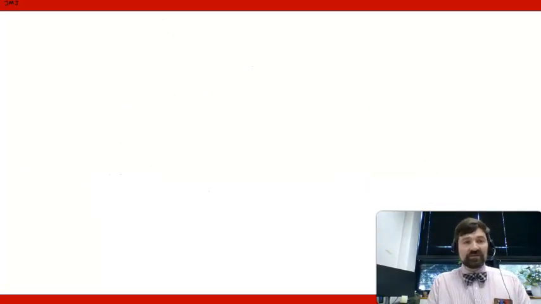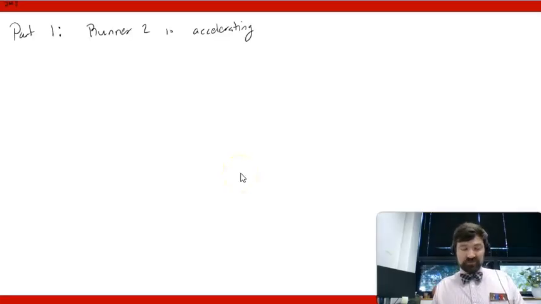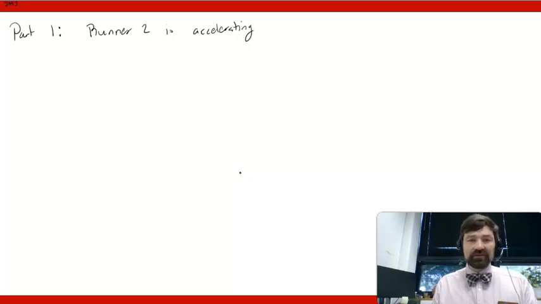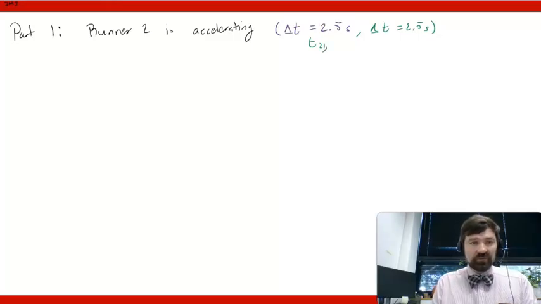Okay, so in some sense, again, we have to do a two-part. Part 1 is when runner 2 is accelerating. So this is essentially a delta t of 2.5 seconds for both. And so for both of them, we can say delta t is 2.5 seconds. And so we might call this t21 and t11. So t11, t21.